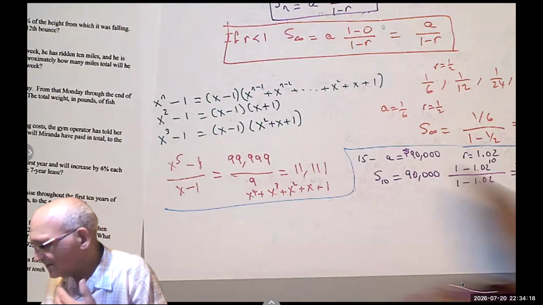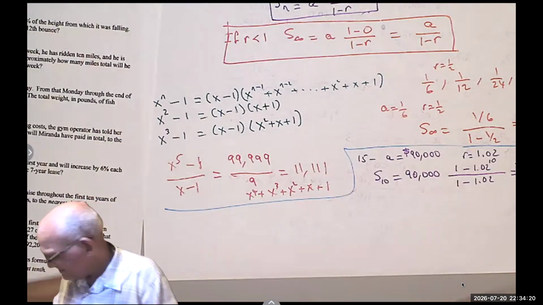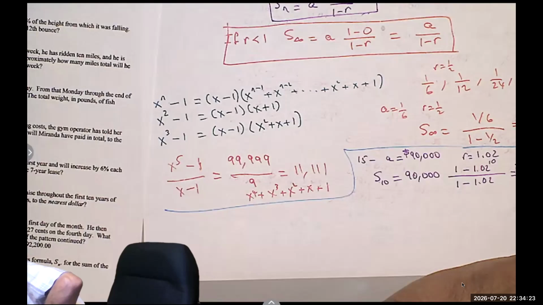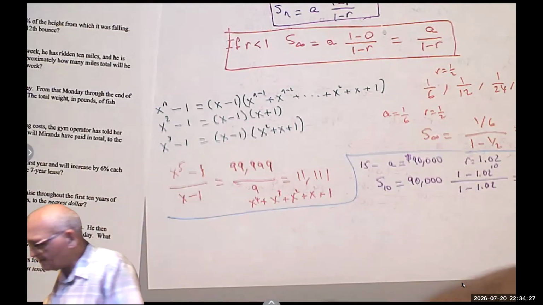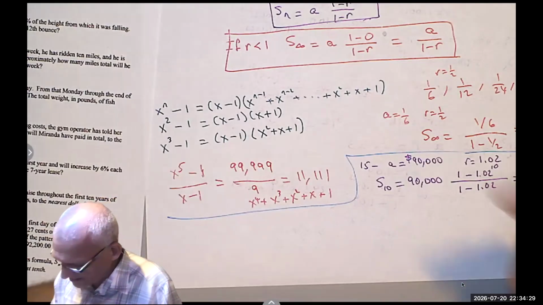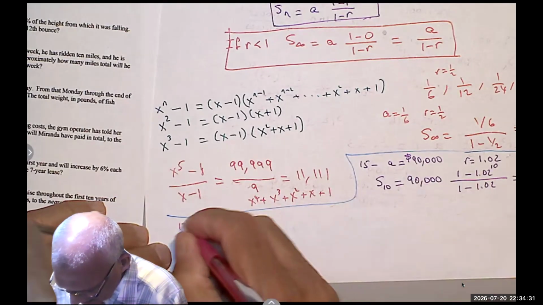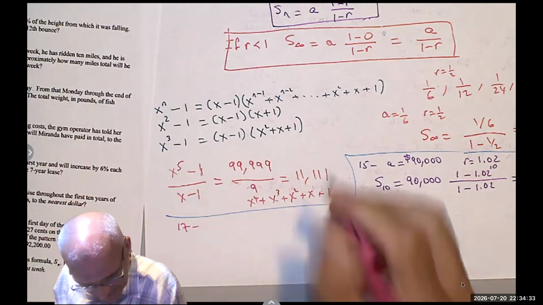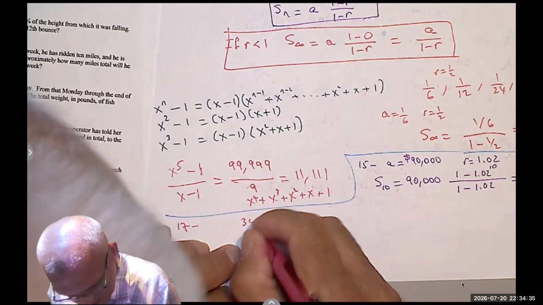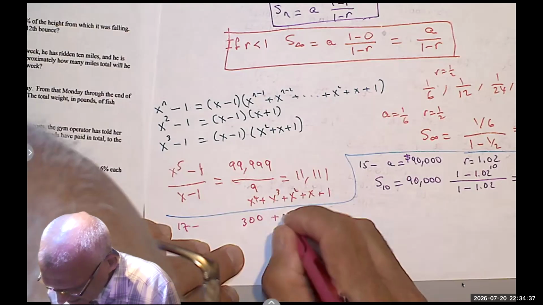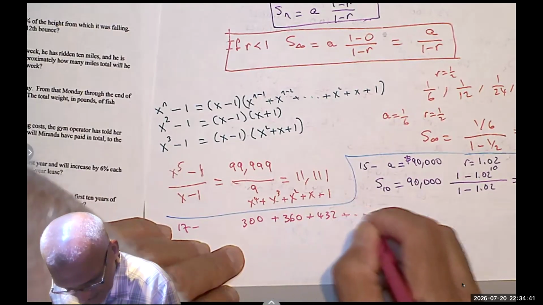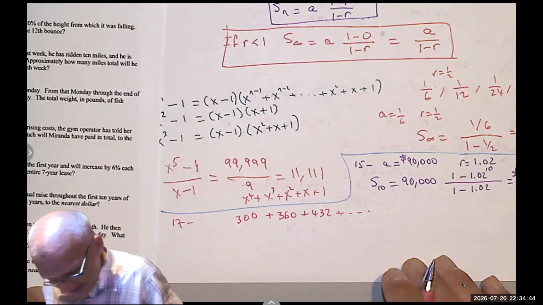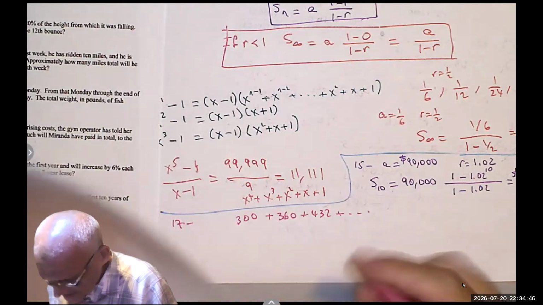The last one, bear with me. Number 17, the last one we have: given the geometric series 300 plus 360 plus 432 and so on, write a geometric series Sn for the sum of the first n terms.